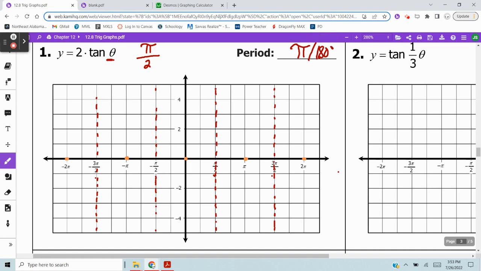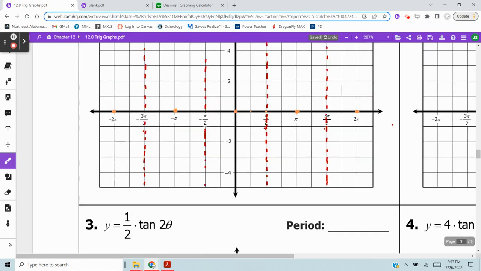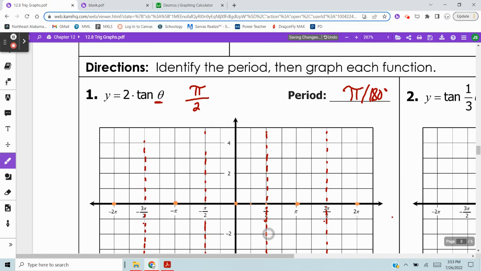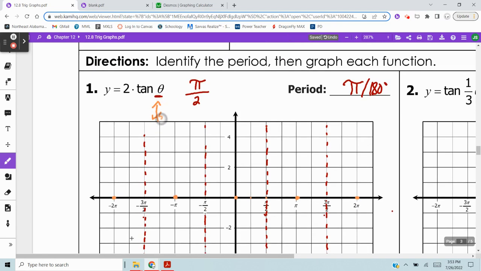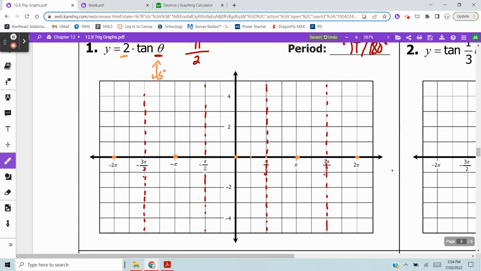Maybe this is 90 here, and this is 45 degrees. So plug in 45 and see what you get, because we can find the tangent of 45 super easily. At 45 degrees, tangent is 1. 2 times 1 gives us a value of 2. So when we have 45 degrees, we have a y value of 2.